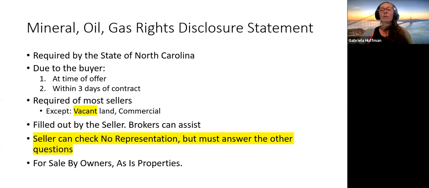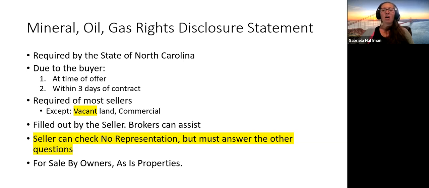The mineral oil gas rights disclosure, pretty much the same rules as the RPOs. I highlighted the ones that are different. So vacant land does not require the mineral oil gas rights disclosure statement.